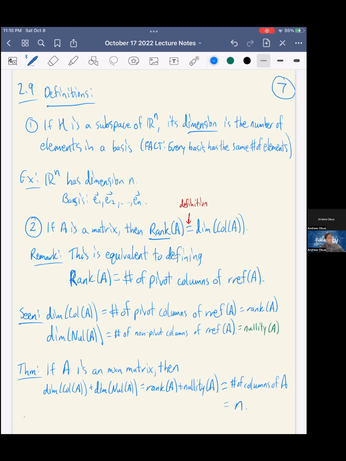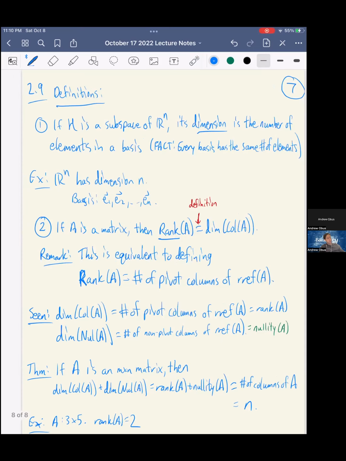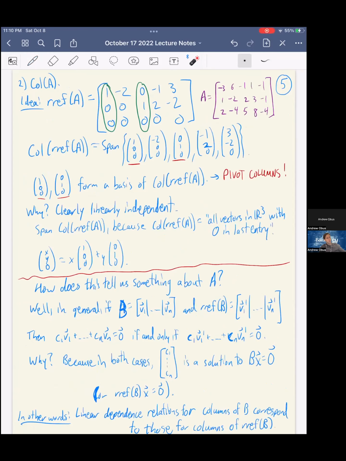So in our running example for today's lecture, A was a 3 by 5 matrix, and the rank of A was 2, right? We had 2 pivot columns here, the first and the third. And the dimension of the null space of A we saw was 3, right?